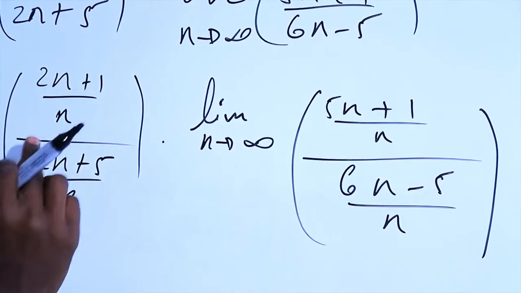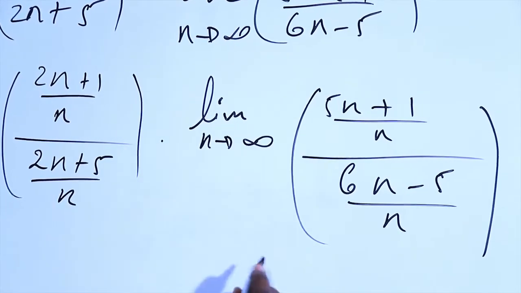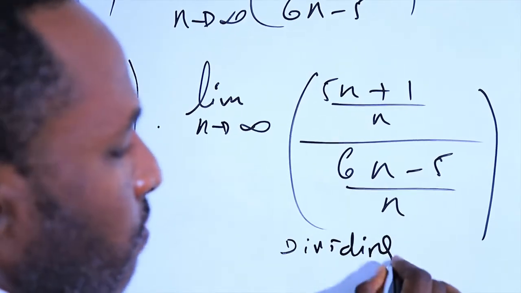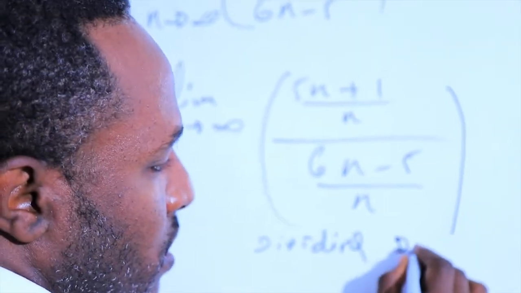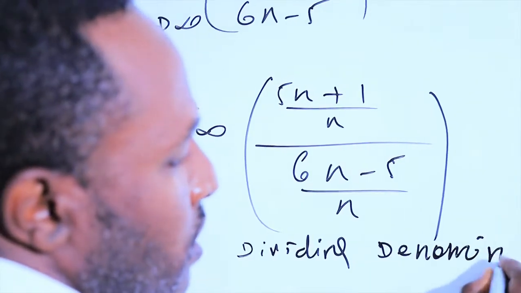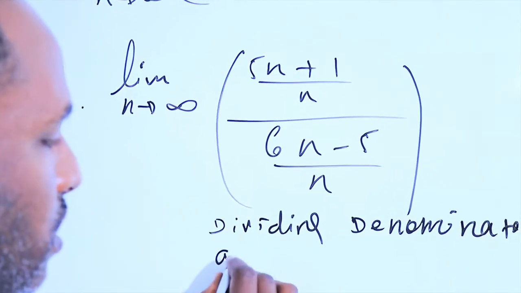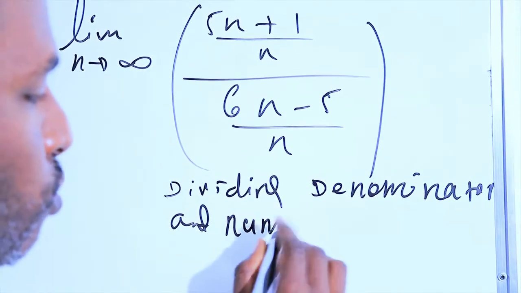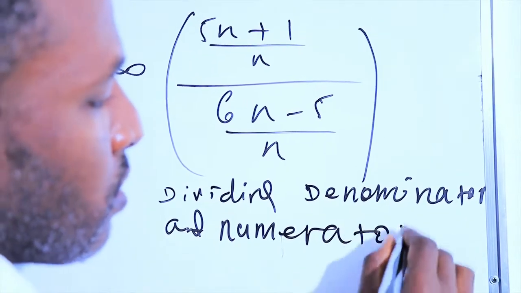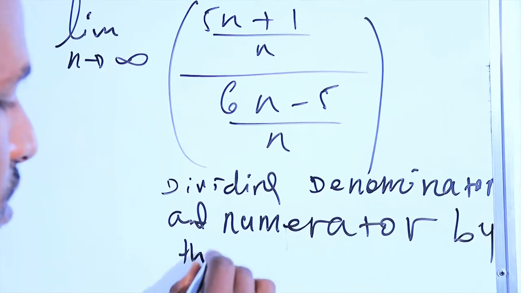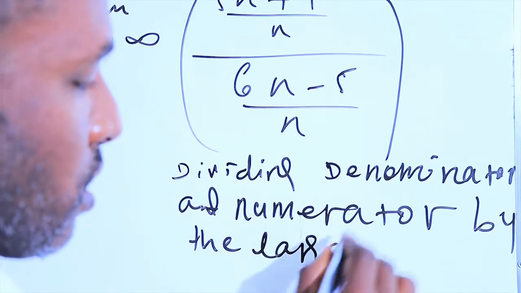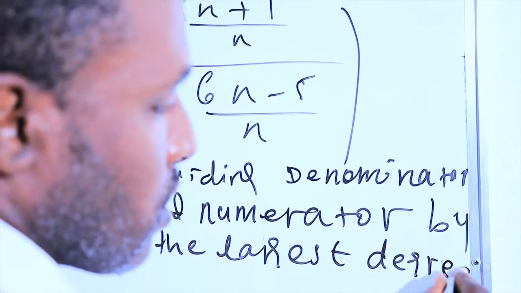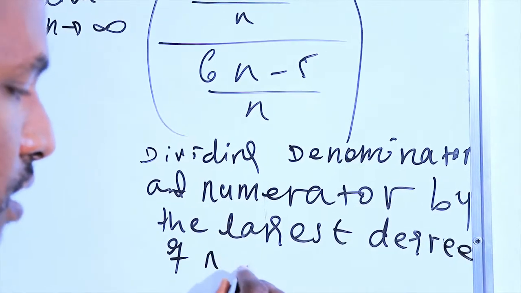Why are we doing this over n over n? What we are saying is dividing the denominator and numerator by the largest degree of n in the denominator.